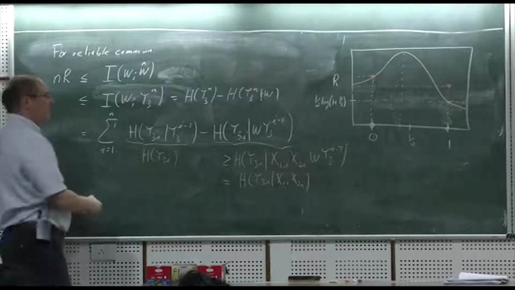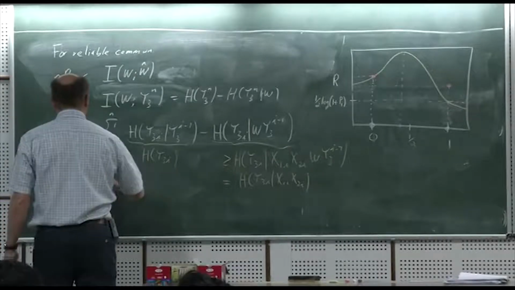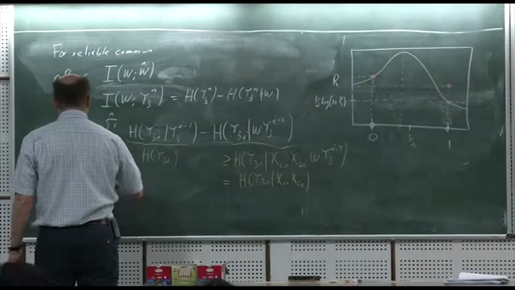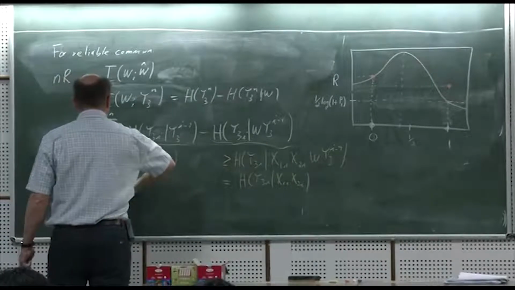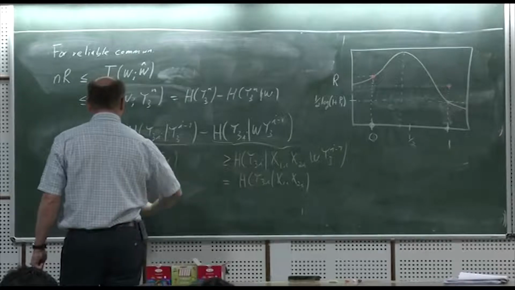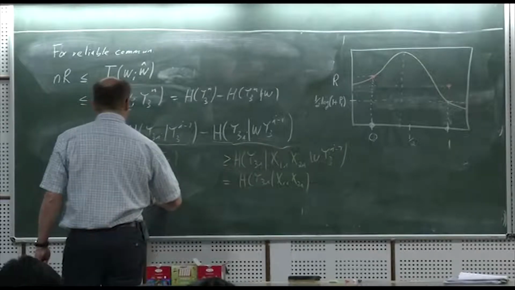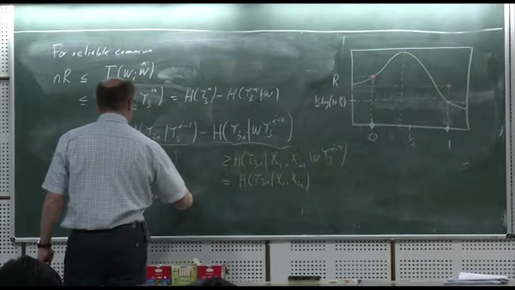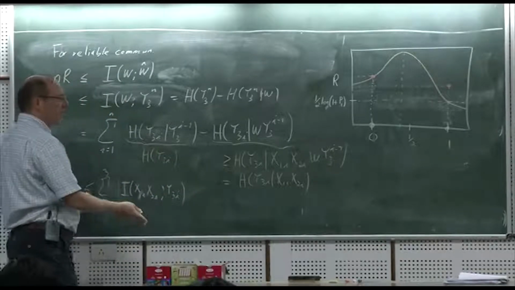And then we're almost done, right? So now we have this is less than the sum of I(X1i, X2i; Y3i), and you see that we have our form. The only thing we have to do yet is single-letterize this.